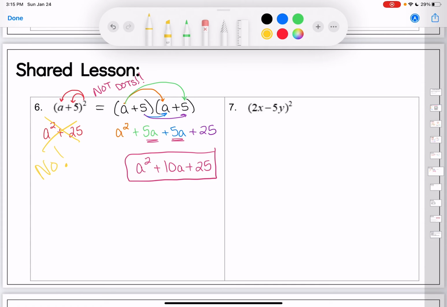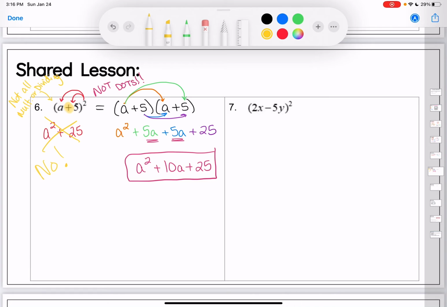Now, you're probably like, but Miss Creeville, I know that back in Unit 4, when I had an exponent outside of parentheses, I distributed the exponent. But here's what's different. In this one, I have a plus sign in between. If you remember, that exponent property was the power of a product or a quotient. In this case, I don't just have multiplying or dividing inside.